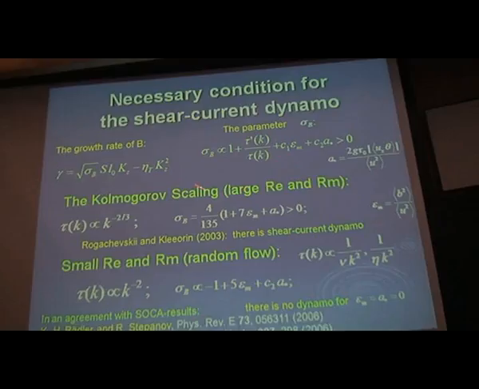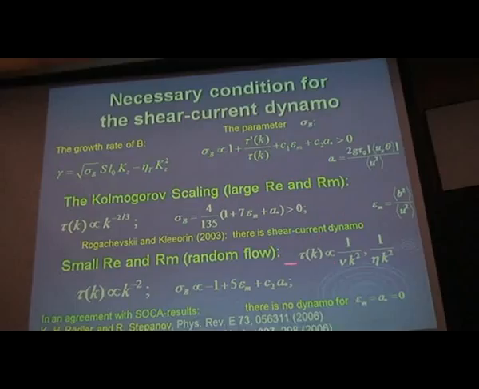For example, if we have large Reynolds number and magnetic Reynolds number, so the scaling is Kolmogorov scaling, then in this situation the coefficient sigma B is positive. Also, a small-scale dynamo causes a positive contribution to the shear-current effect. And if we have convection, then the convection heat flux causes a positive contribution to this effect.